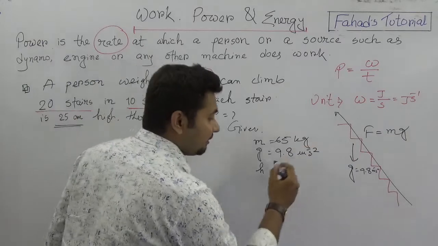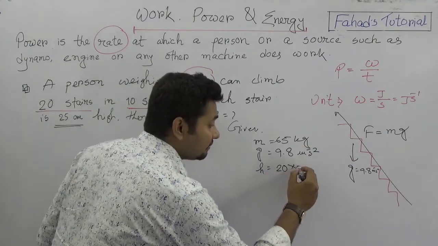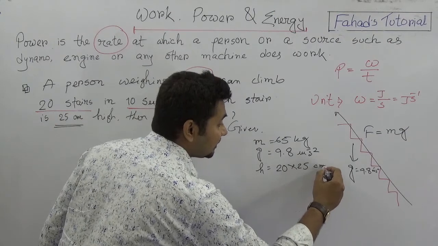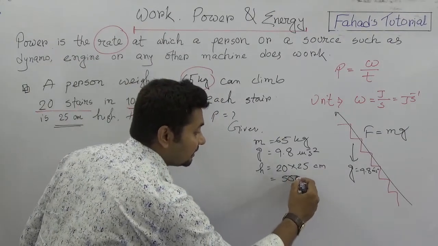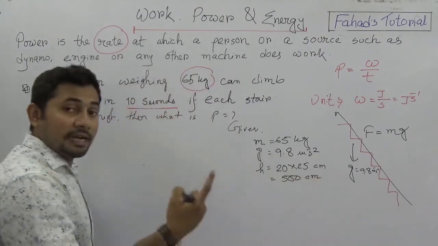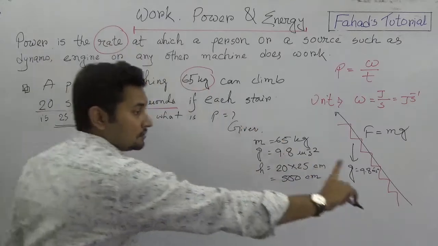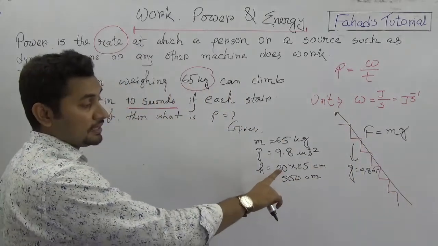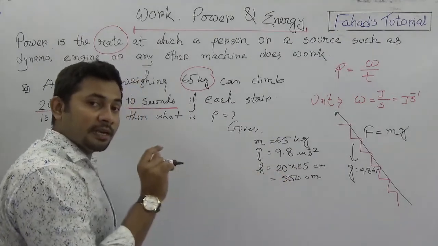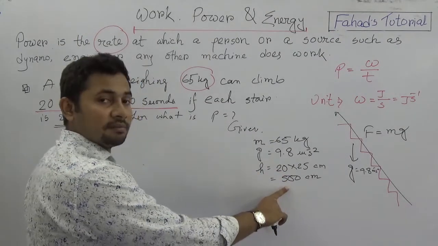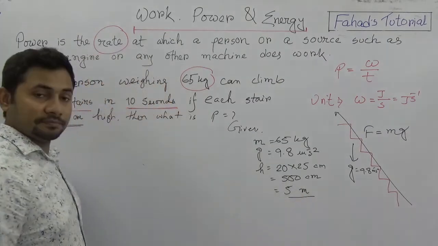As we have 20 stairs which are 25 centimeter high each, the person went 25 times 20 centimeter, so we have 500 centimeter height, which is ultimately 5 meter.